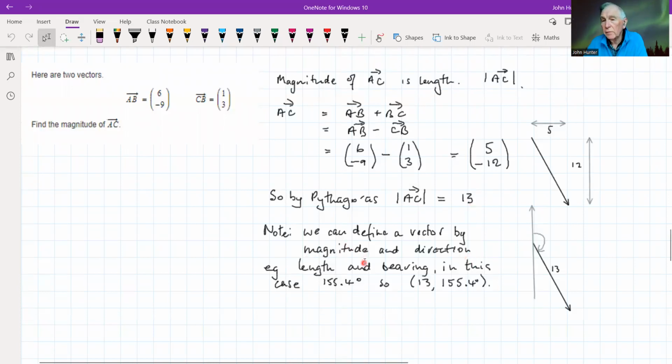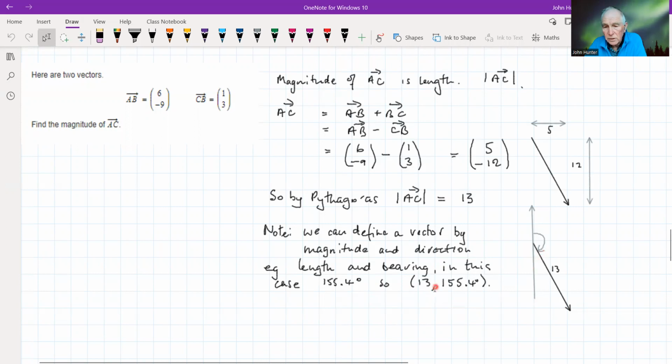So we could go on and actually find the whole vector value. We've got the magnitude, we would just need the angle. If we were to do that as a bearing, we'd use a bit of SOHCAHTOA to work out this angle between the line and the vertical, and then turn that into a bearing.